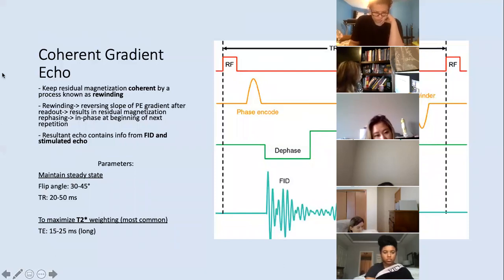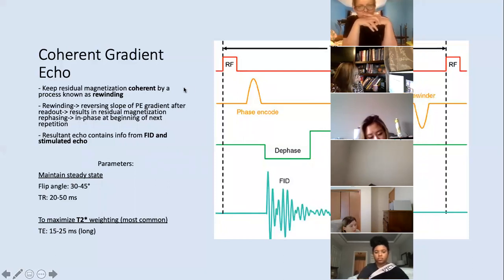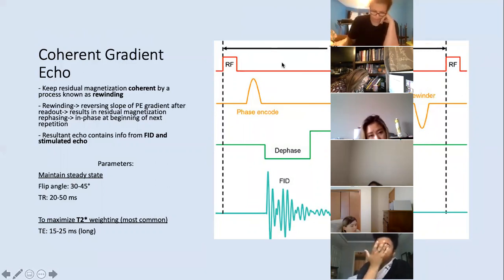So it gives you an idea of what we're going to do with that stimulated echo. We're basically going to rewind those spins so that they're in phase. Coherent means we're going to rewind, that's why we have a rewinder gradient, those hydrogen spins so that they're going to be in phase or coherent.